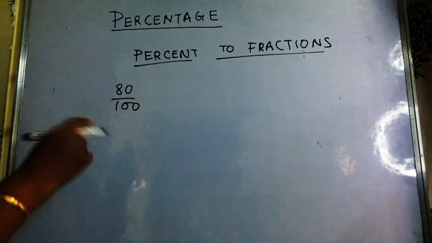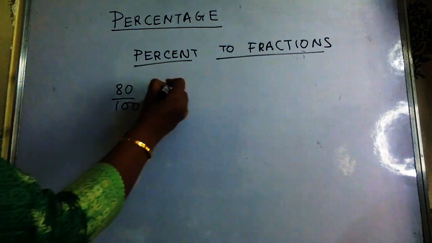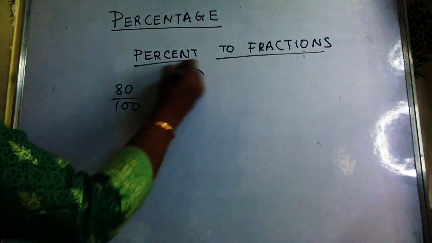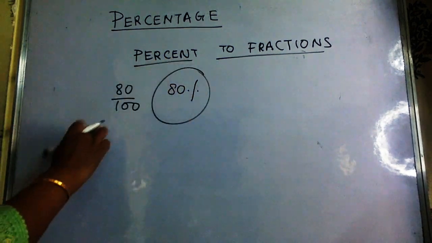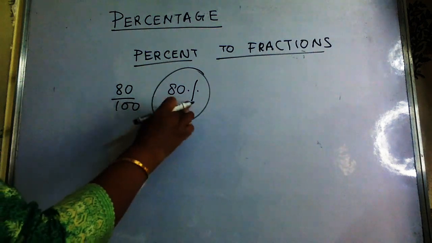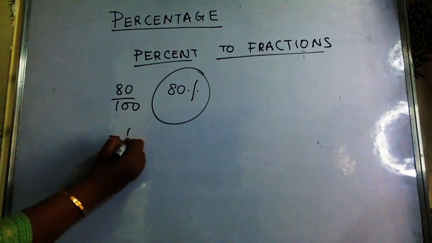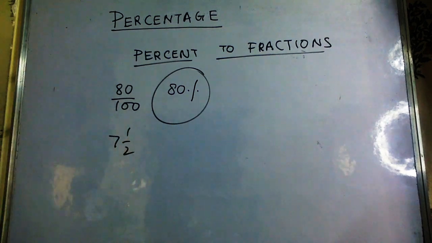So she has given you the marks in the fractional way. Some teachers will give it like this, and this and this are the same thing. If you are given a percentage value like 7.5, even if it is a fraction, don't worry. How do you convert it to a fraction?